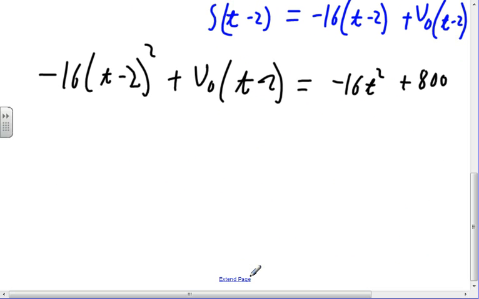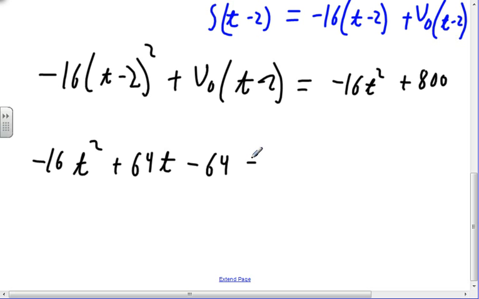Now I could set them both equal to 400, solve for t in that one and put it back here, or I can set them equal to each other. Minus 16t squared plus, what is 4 times 16? 64, right? 64t minus 64 plus v naught t minus 2 v naught is equal to minus 16t squared plus 800.